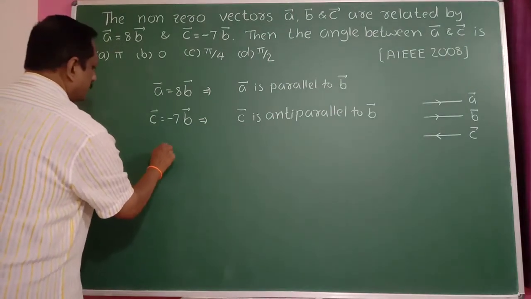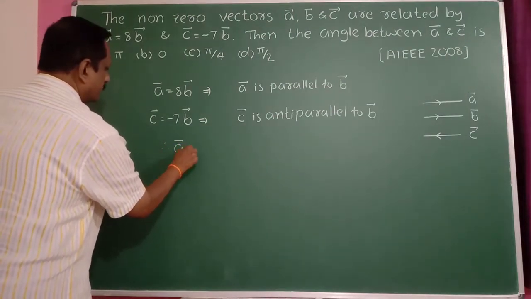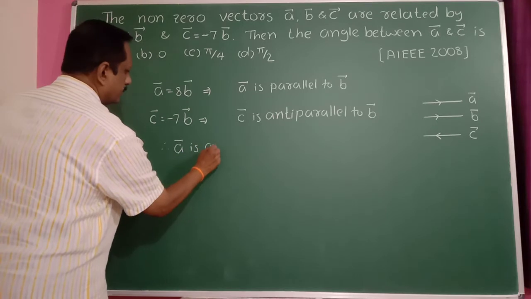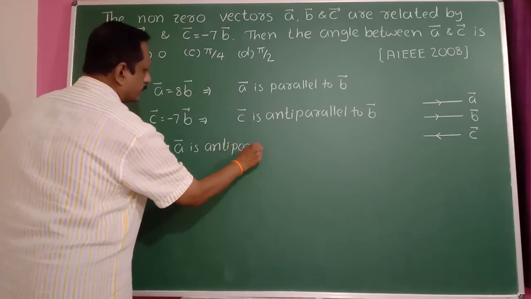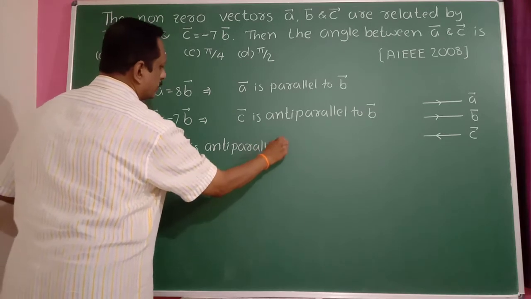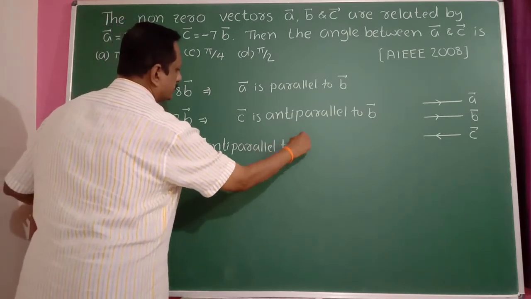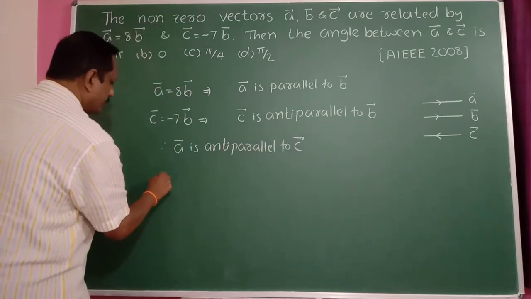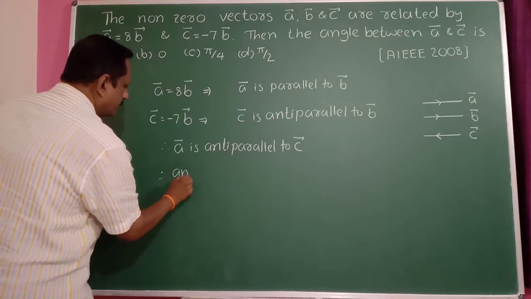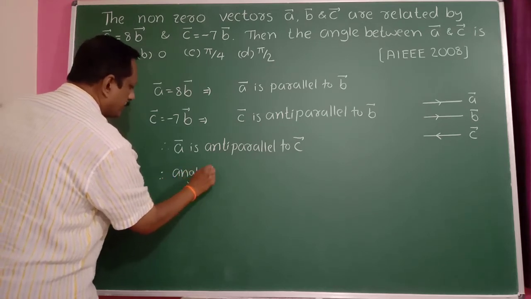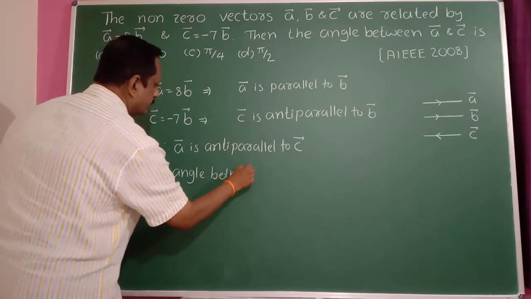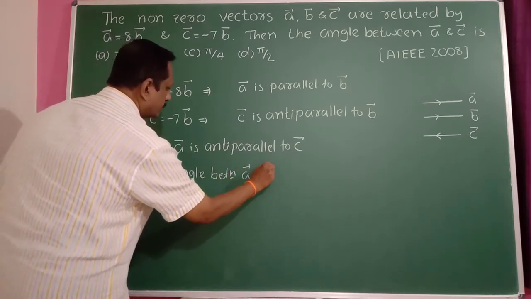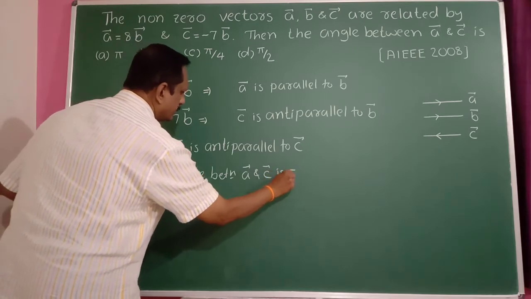So therefore, A bar is anti-parallel to the vector C bar. Therefore, the angle between A bar and C bar is pi.